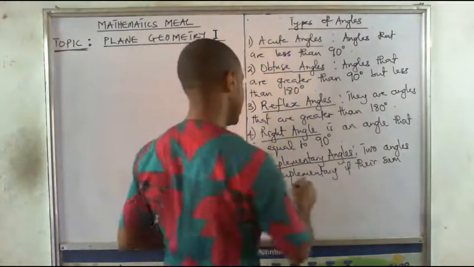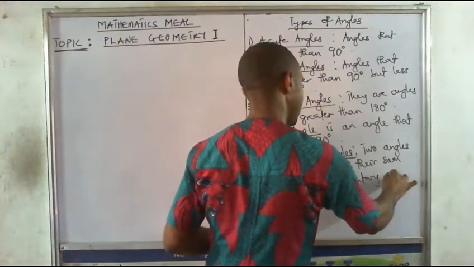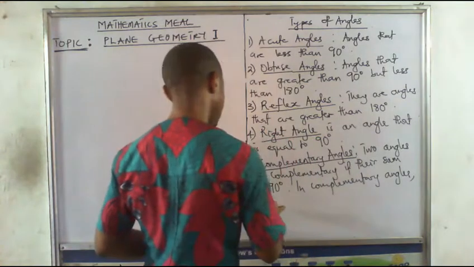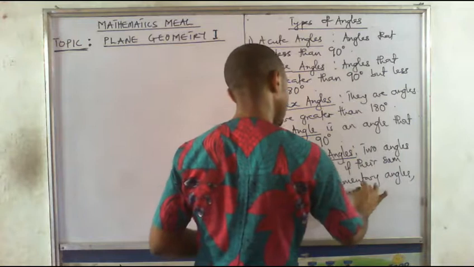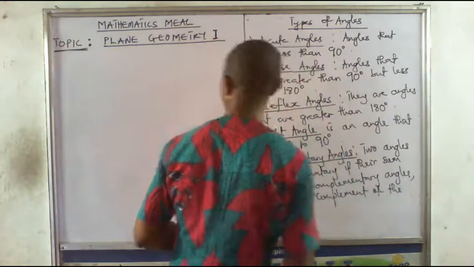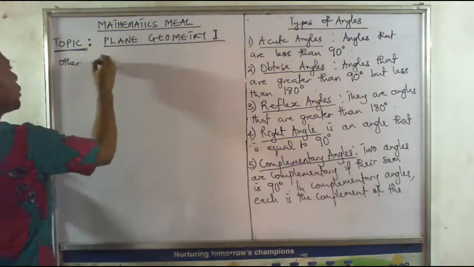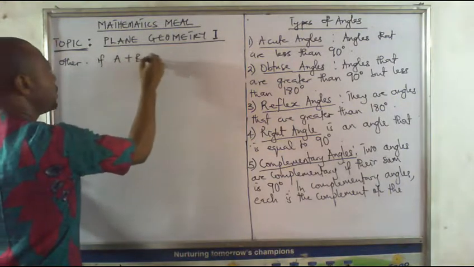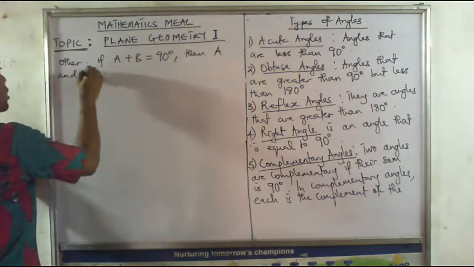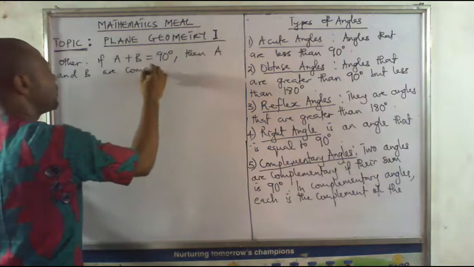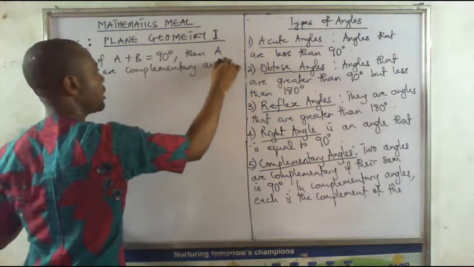So if A plus B is 90 degrees, then A and B are complementary angles.